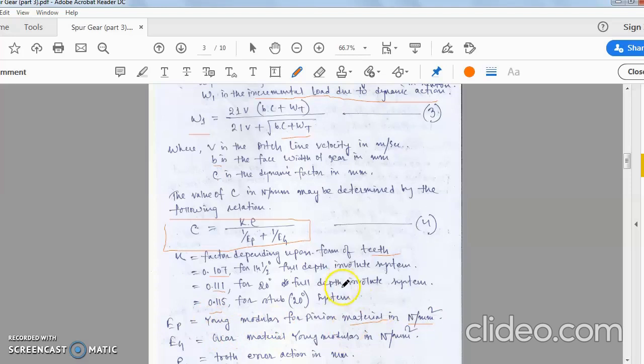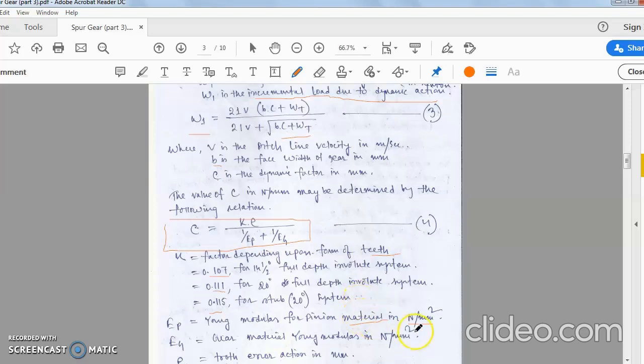In case of any empirical or semi-empirical formula, it is very important to know the unit of each parameter, because the value has been determined based on a particular unit. The unit is not necessarily an SI unit, so you will have to remember it.